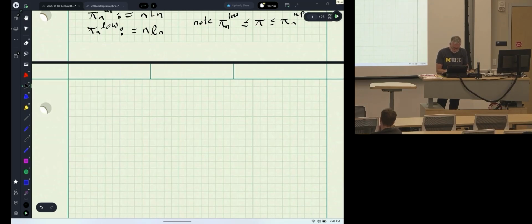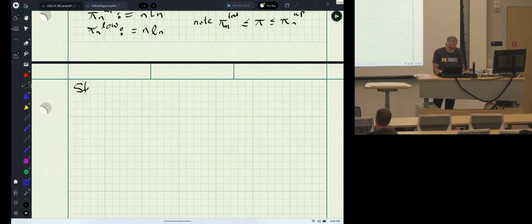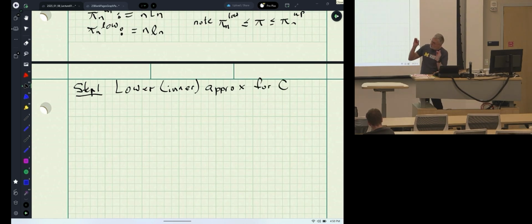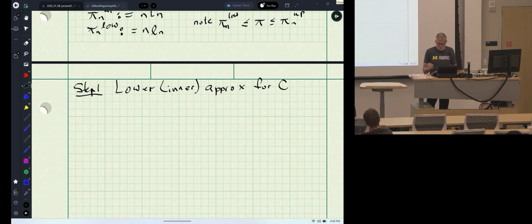Step one. The lower, also called inner, approximation for the circumference, and because we've chosen the diameter to be 1, that circumference is pi, okay? We inscribe, which means to put it inside the circle.